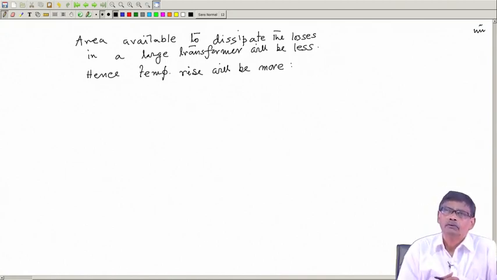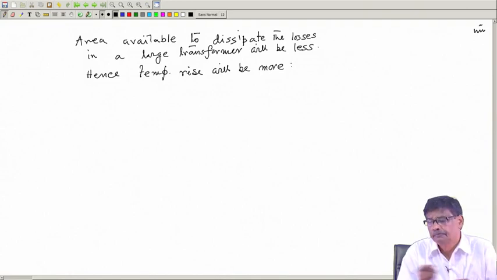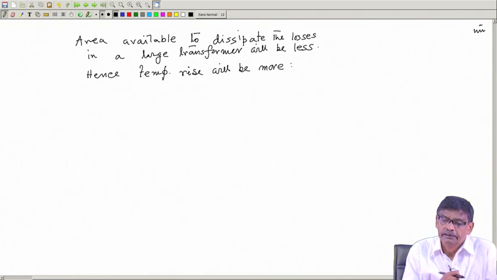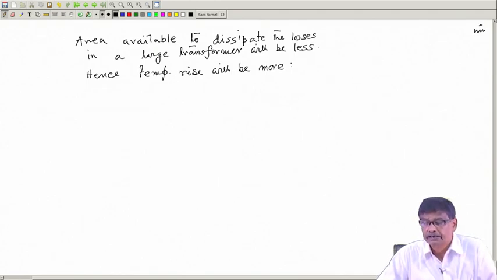So, if the allowable temperature rise is known to you, you then will say that if the transformer is of higher rating, I must adopt some other means.